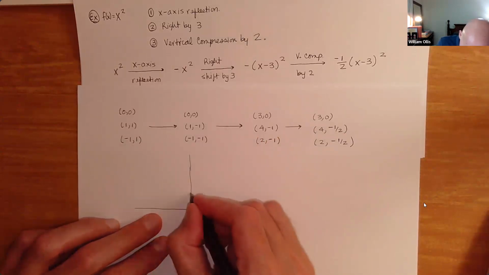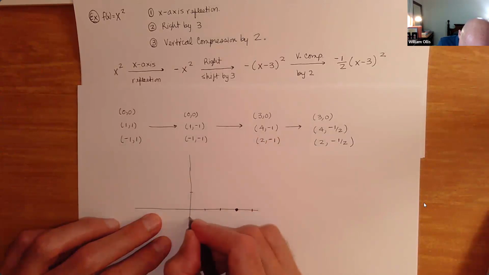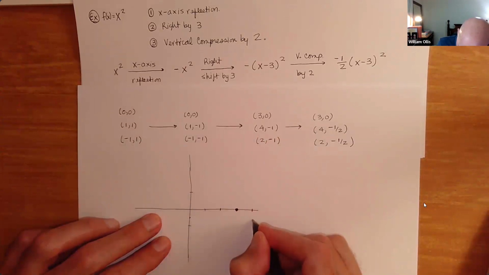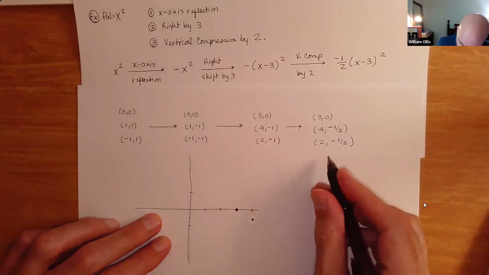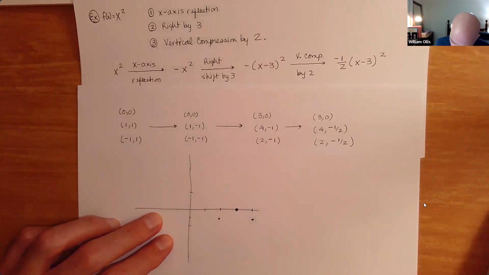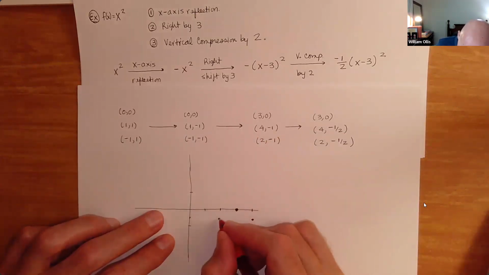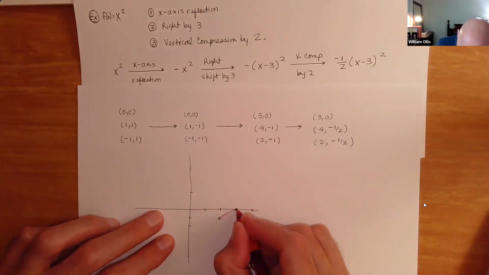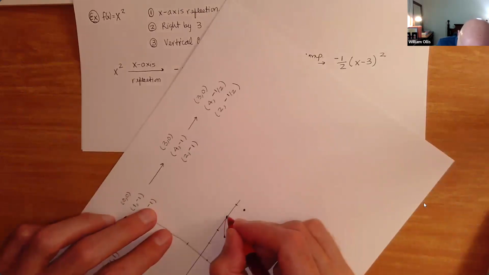So I'll spread this out a little bit. So -1/2, about right here. And then we have 2, -1/2. So we can connect again what's going on with the original function.